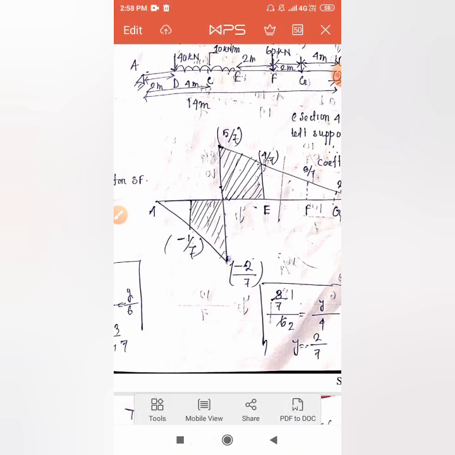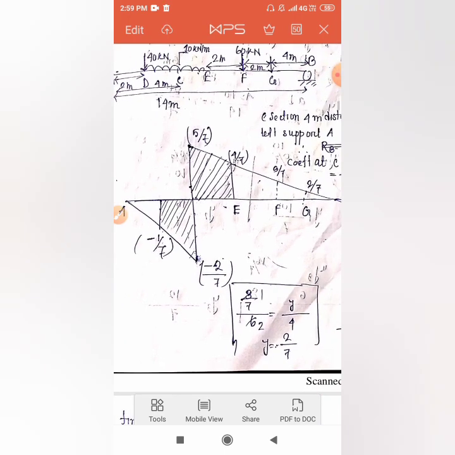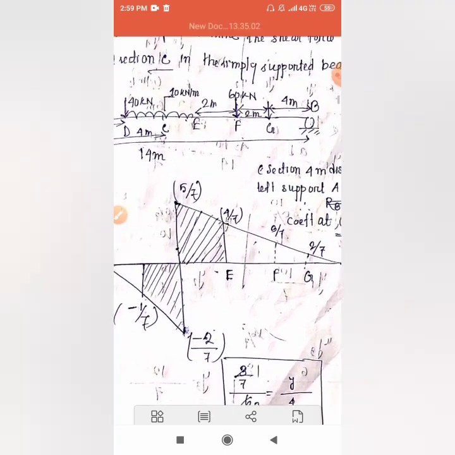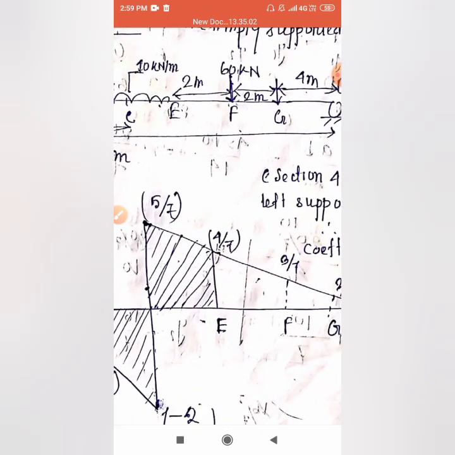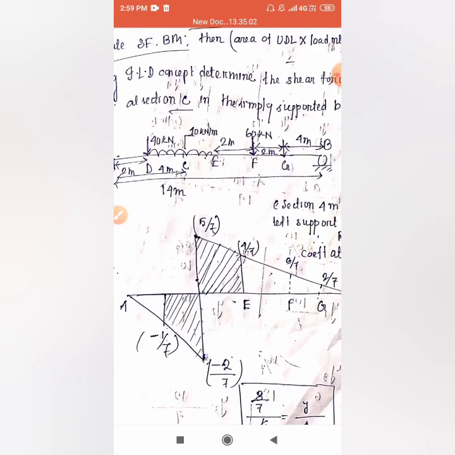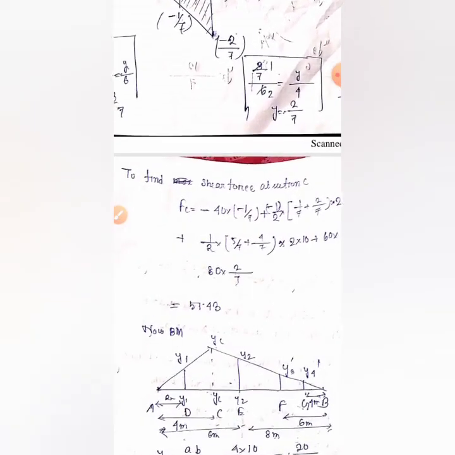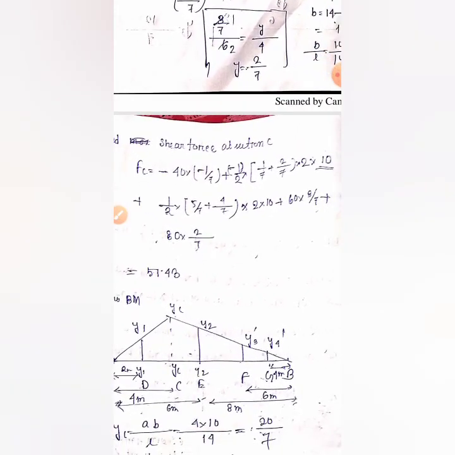I have drawn here C, and from D to E the UDL acts. I have marked the area because I have to find out the area. Then again a 60 kilonewton load is acting at the point F. I have shown it.